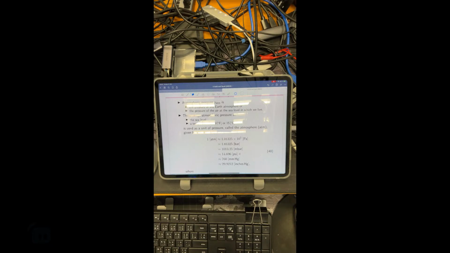Pounds per square inch is the unit for the British system, and you may hear this one if you work in a company in London, in England, and so on. And 1 ATM is equivalent to 14.696 pounds per square inch.